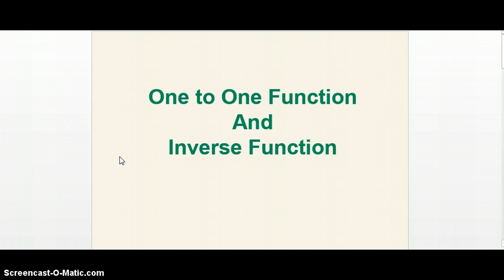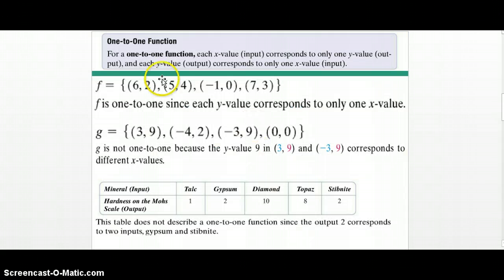In this video, we can talk about one-to-one function and inverse function. One-to-one function.